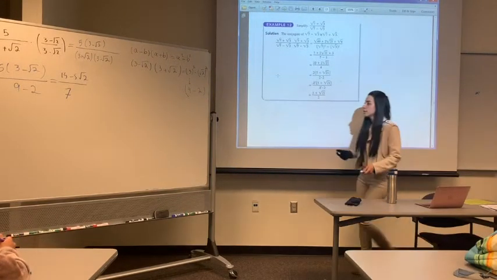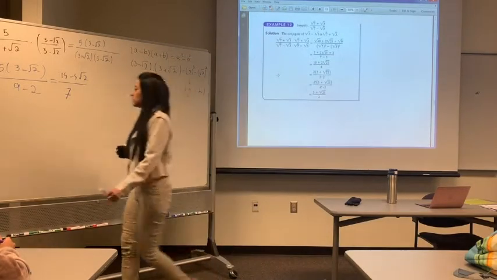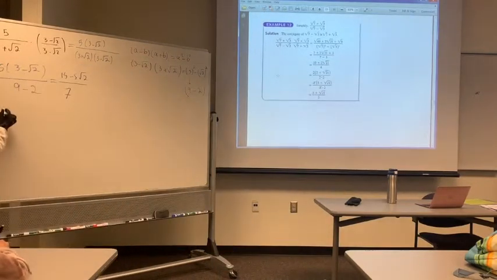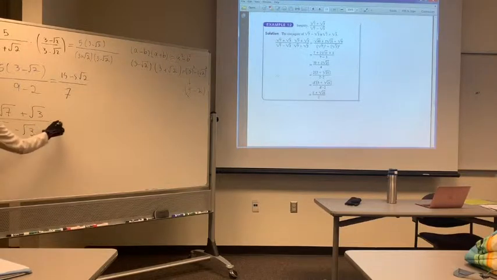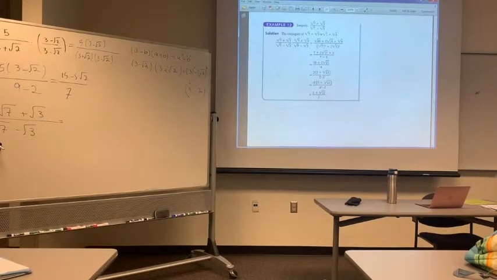Okay, so the next example says we have 7 plus radical 3 divided by radical 7 minus radical 3. So what is the conjugate of this denominator? The conjugate of this will be radical 7 plus radical 3.